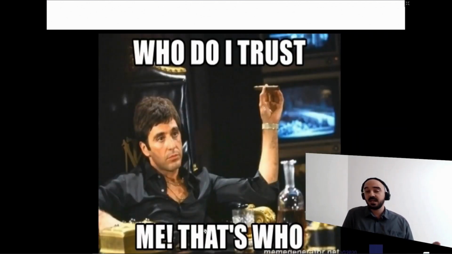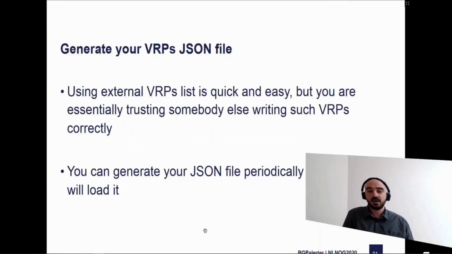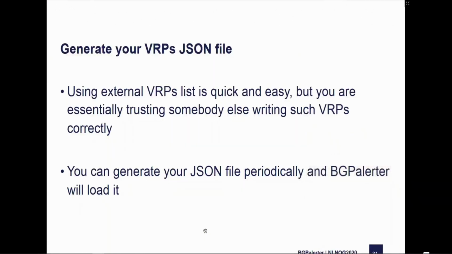Because essentially you are trusting somebody else to do that. So what you could do is to generate those VRP files yourself periodically and point BGP Alerter to read that file instead of using a provider.